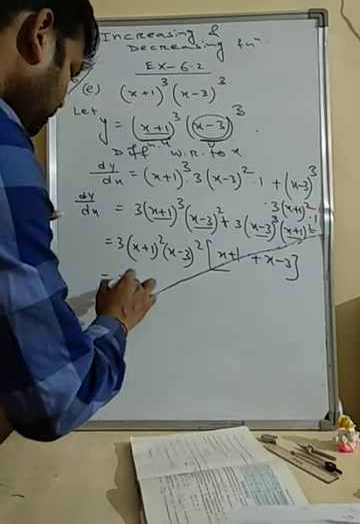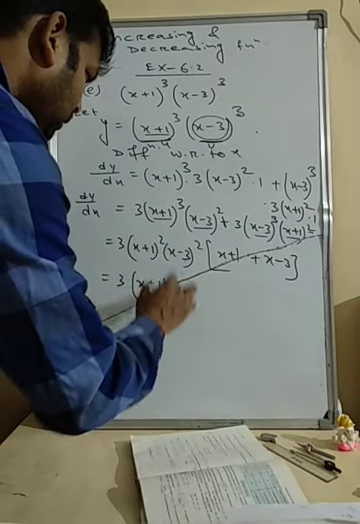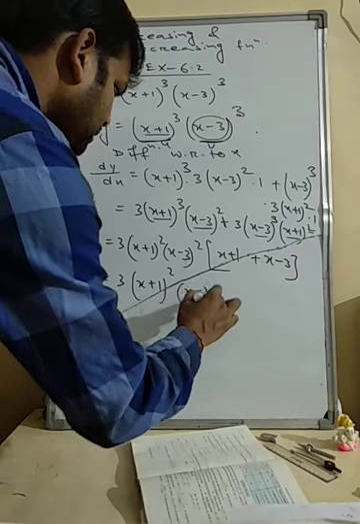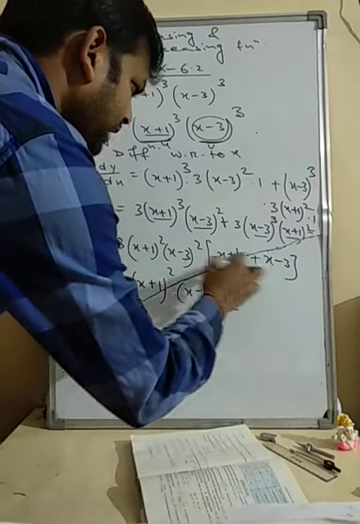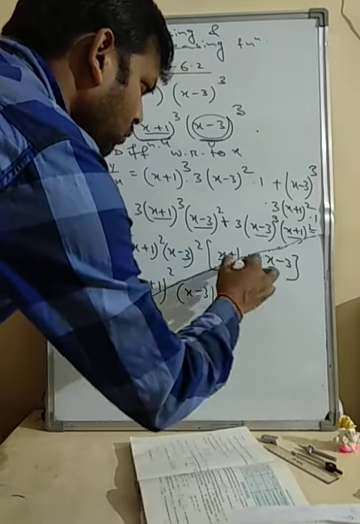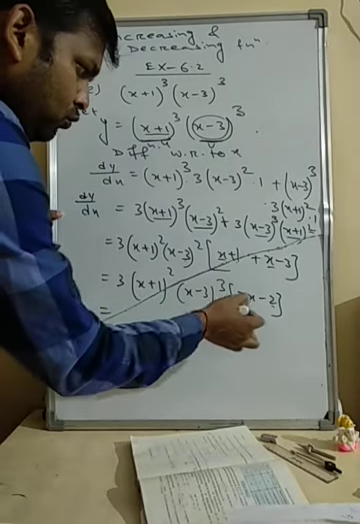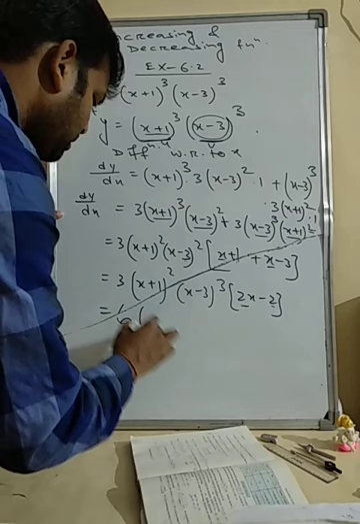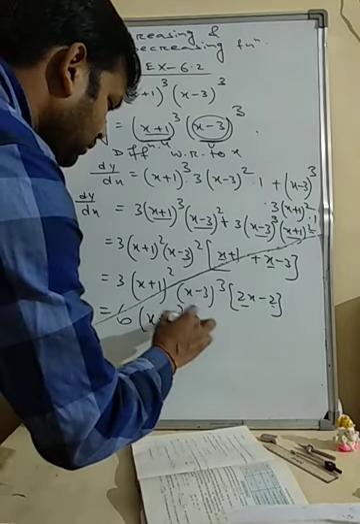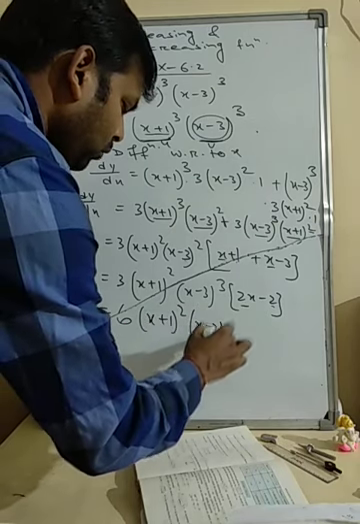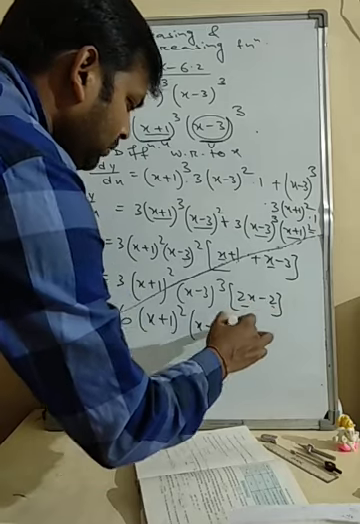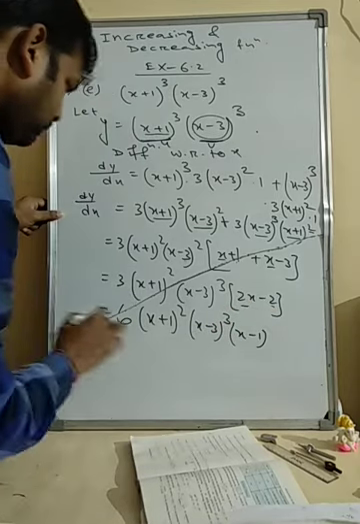So we got here 3 into (x plus 1) whole square into (x minus 3) whole square, and this will be x plus x, twice x, 1 minus 3, minus 2. So if I take 2 common, 2 threes are 6, (x plus 1) whole square, (x minus 3) whole square, and 2 is common, it will be x minus 1.